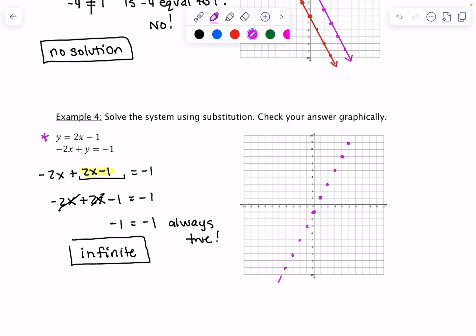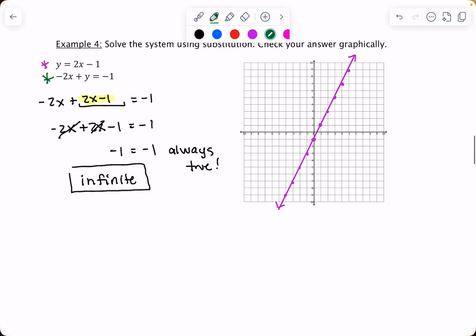Now the problem with this one that I'm going to do in green is it's not in y equals mx plus b. So I'm going to rewrite it down here. Negative 2x plus y equals -1. I'm going to add the 2x to the other side. This cancels, and I get y equals 2x minus 1.